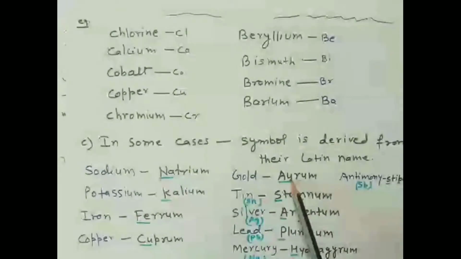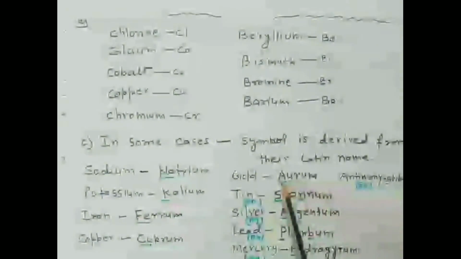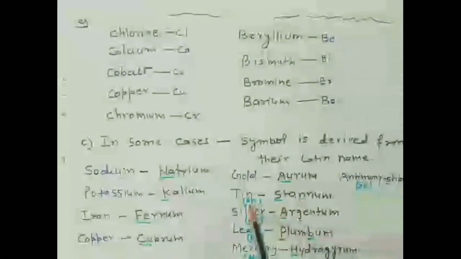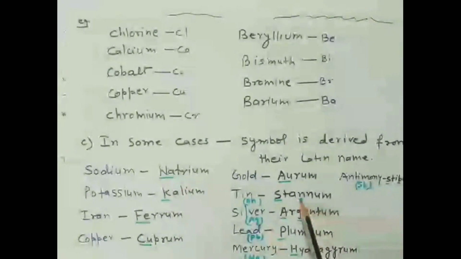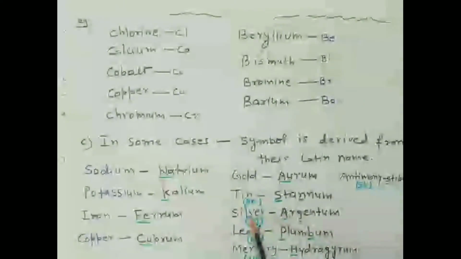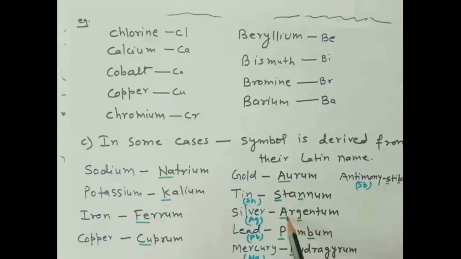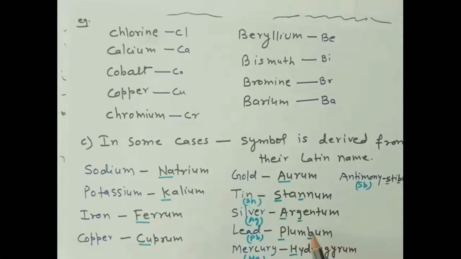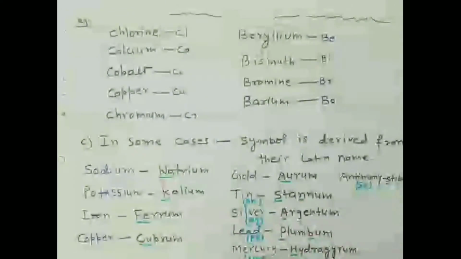Gold, the Latin name is aurum, so Au is its symbol. Tin, the symbol is Sn, the first and fourth letters of its Latin name stannum. Silver, the symbol is Ag, the first and third letters of its Latin name argentum. Lead, the symbol is Pb, the first and fifth letters of its Latin name plumbum.